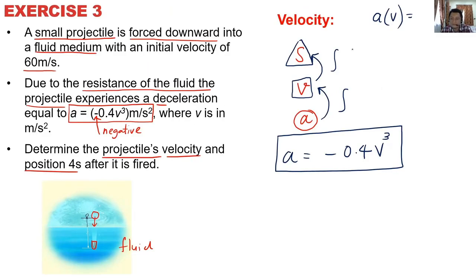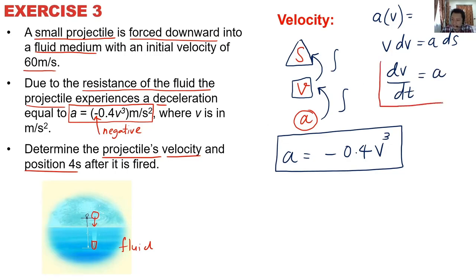So let's check it out. So you might be able to use this one. V dv is equal to A ds, or dv over dt is equal to A. So which one is more suitable? You can test and try to find out.